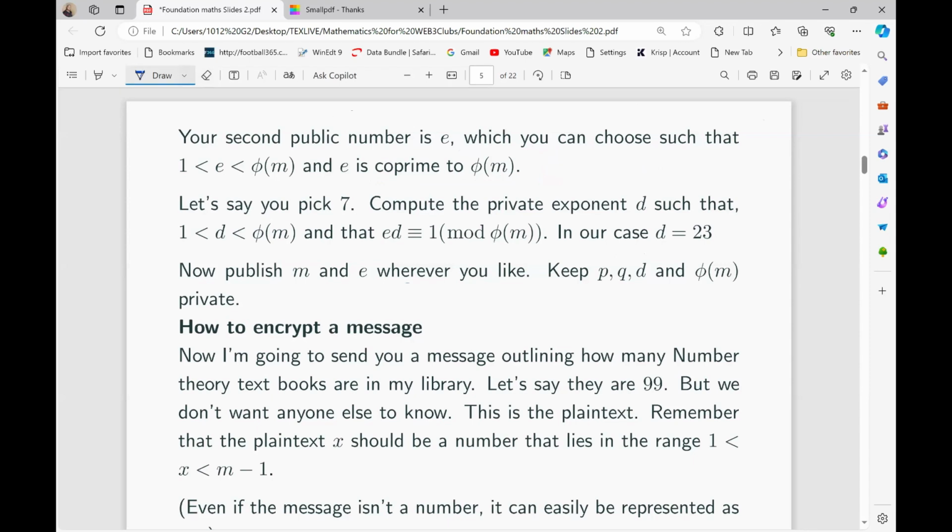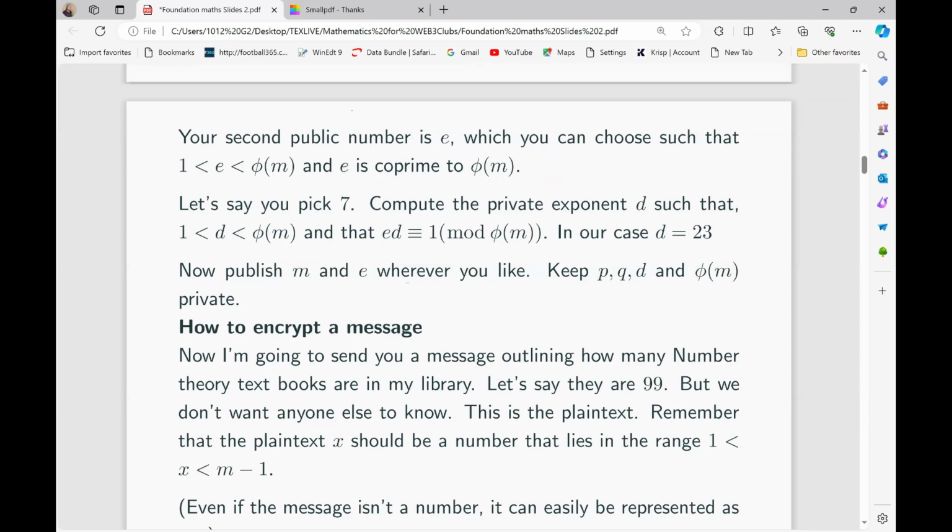I said I want to send you a message. You pick 2 prime numbers which are not equal, P and Q. The second thing you do is find their product. Let's call it M. And then find phi of M, which is just given by P minus 1 multiplied by Q minus 1.